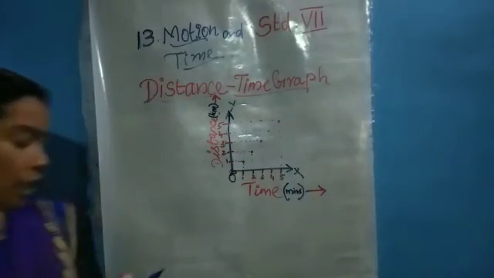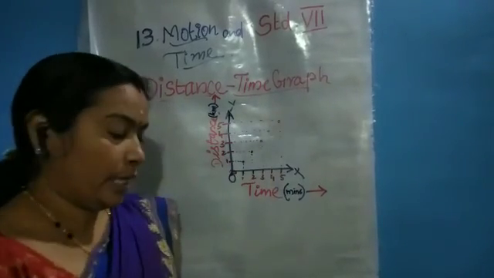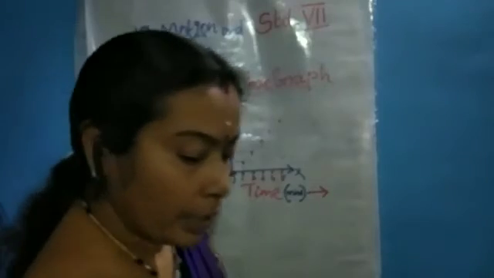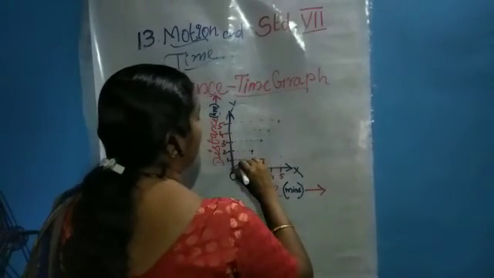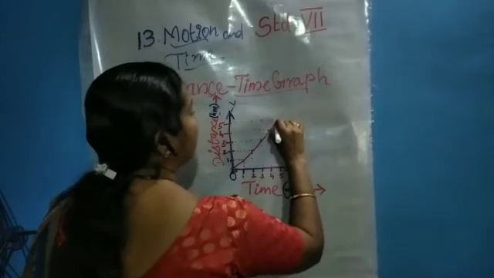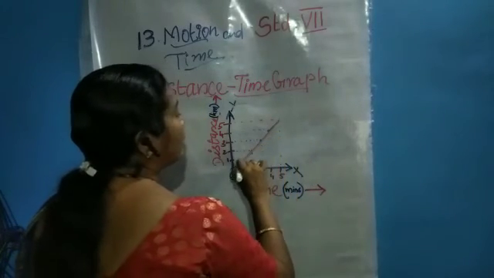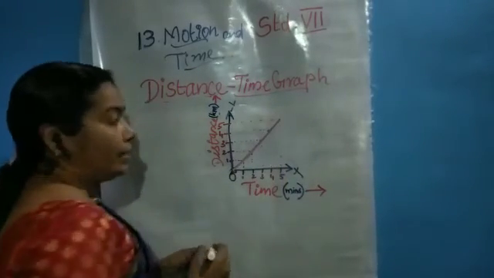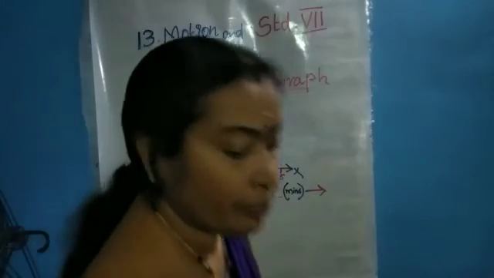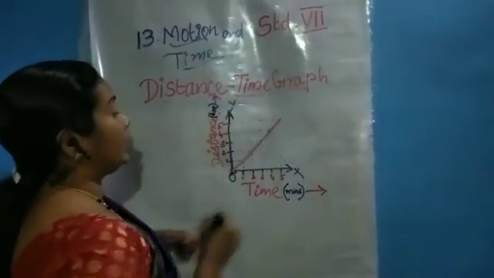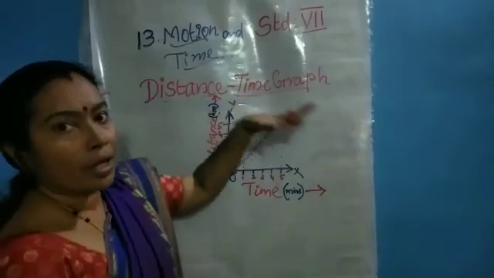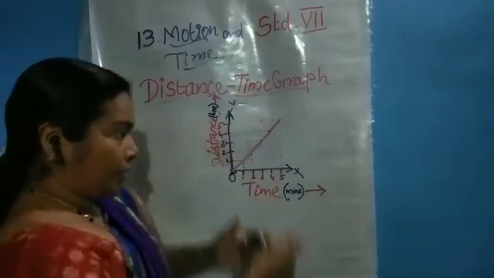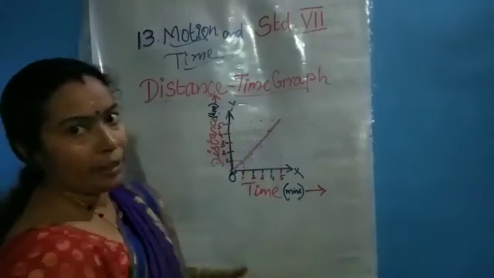After plotting the points, we have to join the points from the origin, from 0. How will it be? It will be an inclined straight line. Inclined means it is a straight line but not a perpendicular vertical one.